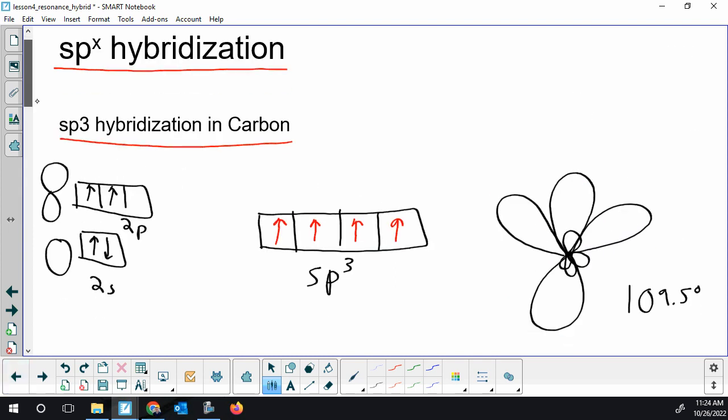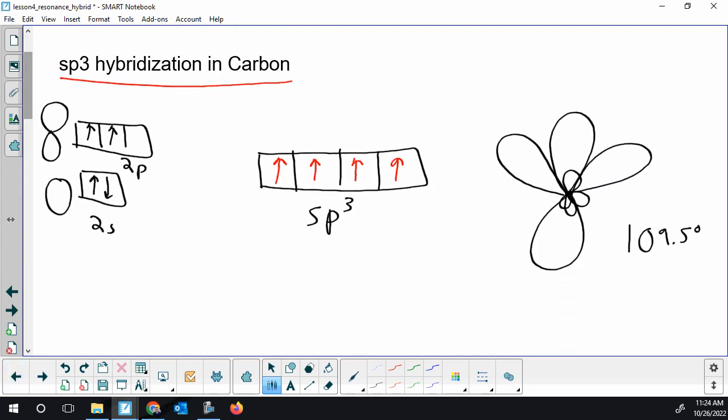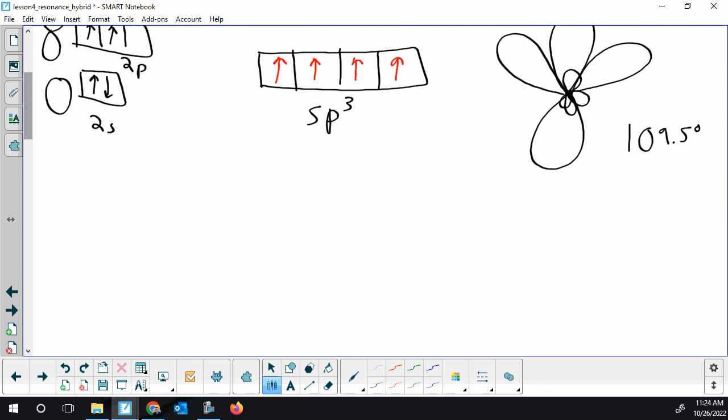So we started with sp3, carbon forming 4 bonds. S and 3 p's makes 4 bonds. So hopefully you have a little room in your notes. When does carbon form 4 bonds? In something like methane, we get sp3 hybridization. Now, I have to flatten this out. I can't do a 3-dimensional drawing, so that's up, and then we've got 3 sort of coming down, but none of those are in the plane of the board.